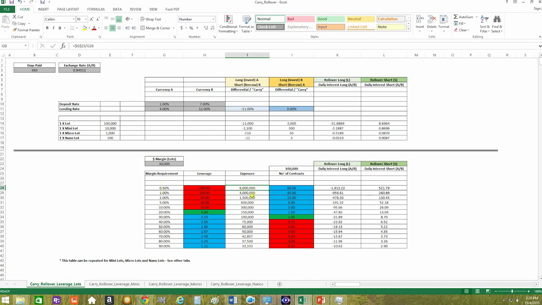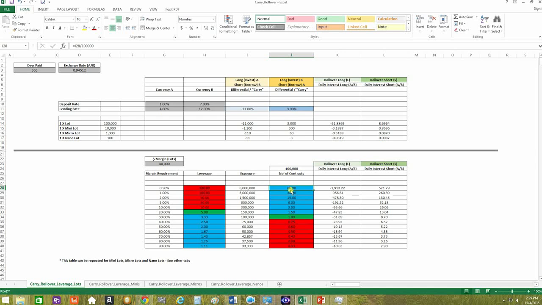This gives us the maximum exposure level that the broker is offering, or if we decided to take the whole lot. We assume that we're trading lots here. So that is equivalent to 100 lots. So we're looking at this number here, the 6 million, divided by 100,000.